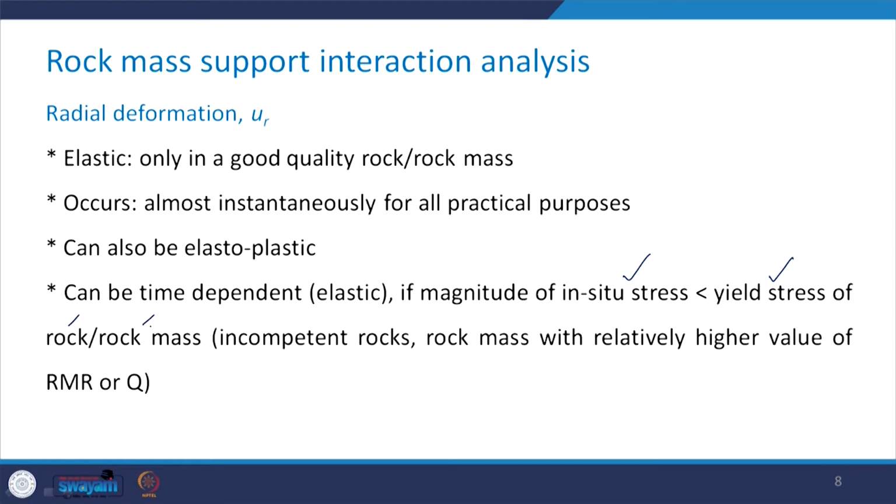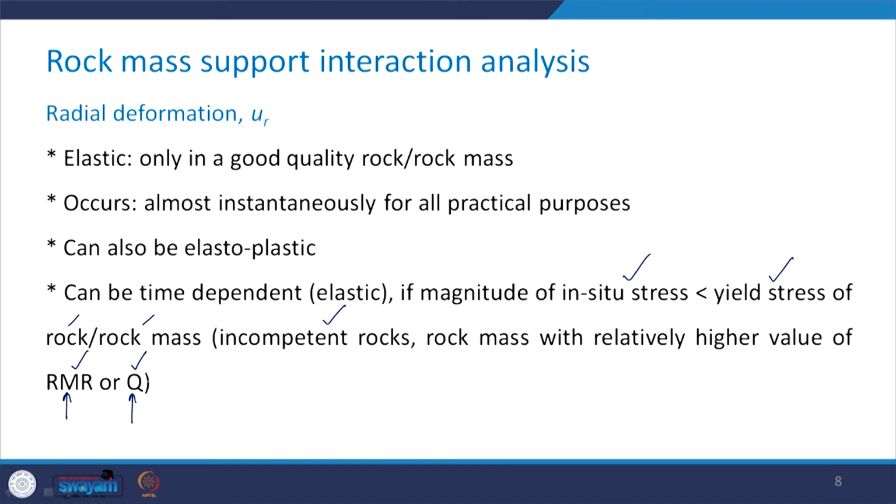And this type of situation can be seen in incompetent rocks and rock masses with relatively higher value of RMR or Q. Do you remember the classification systems? There we learnt how to determine this rock mass rating and Q value.